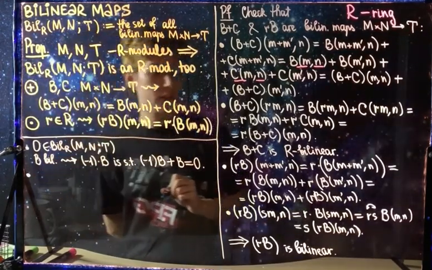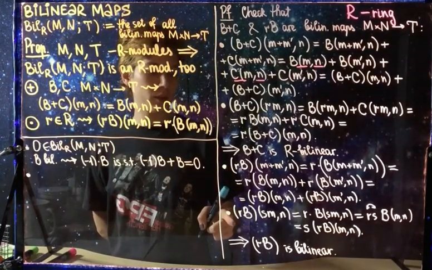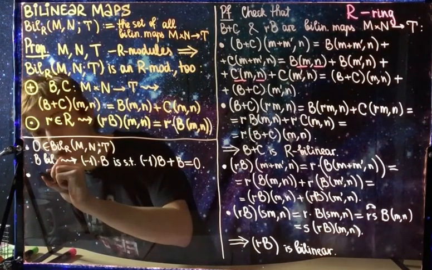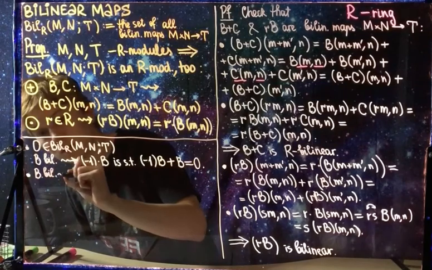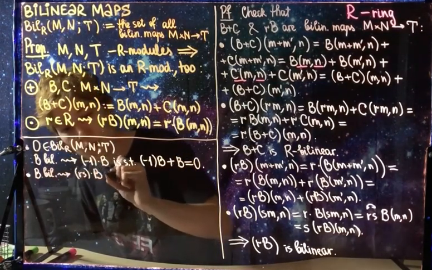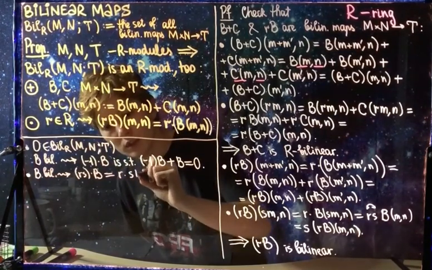Then associativity, which checks somewhat similar to this part. If we have a bilinear form B, then r s times B as a bilinear form is equal to r times sB.